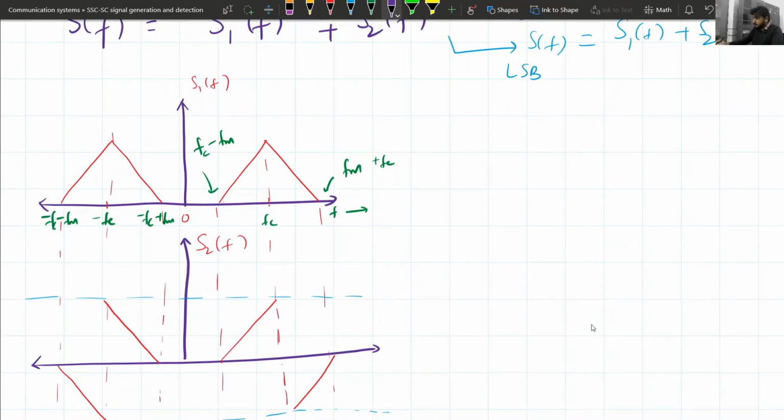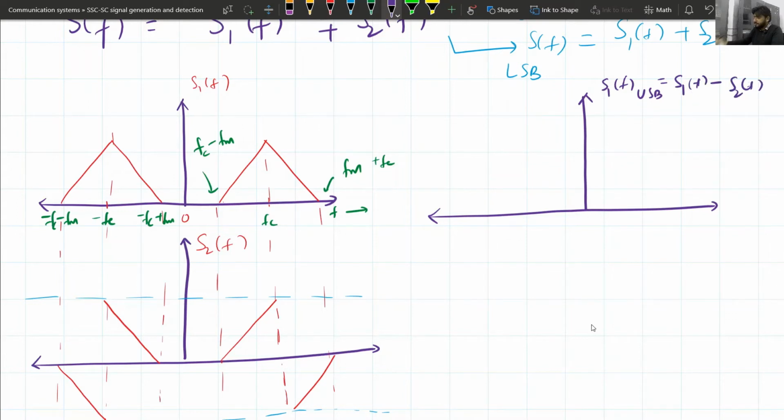So suppose we want to draw the plot of S1F upper sideband. What we have to do? S1F minus S2F. That means we have to subtract S2 from S1.